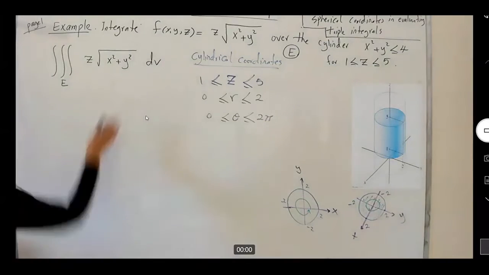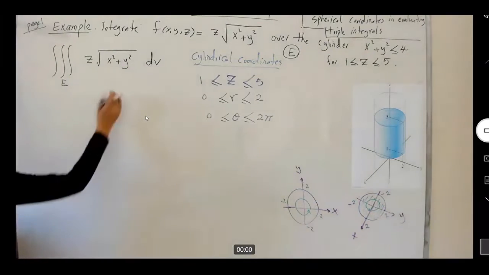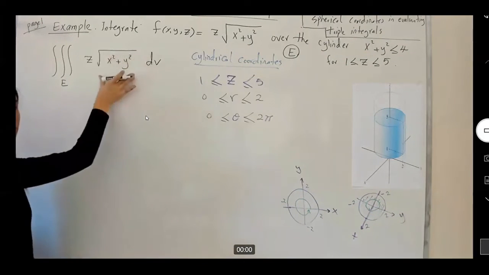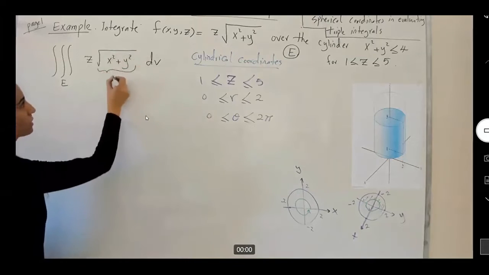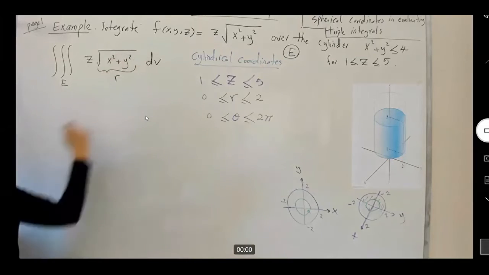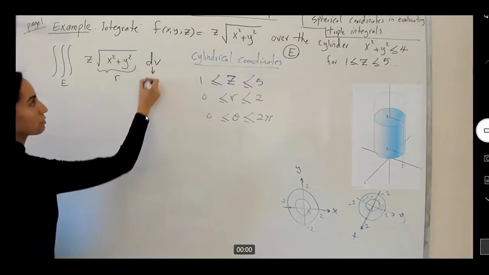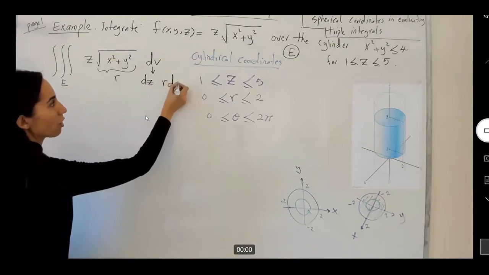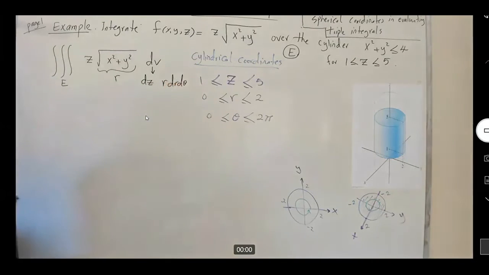Perfect. So your integral, remember that here you have x squared plus y squared, and the square root of x squared plus y squared is just r. And dV needs to be written as dz r dr d theta.